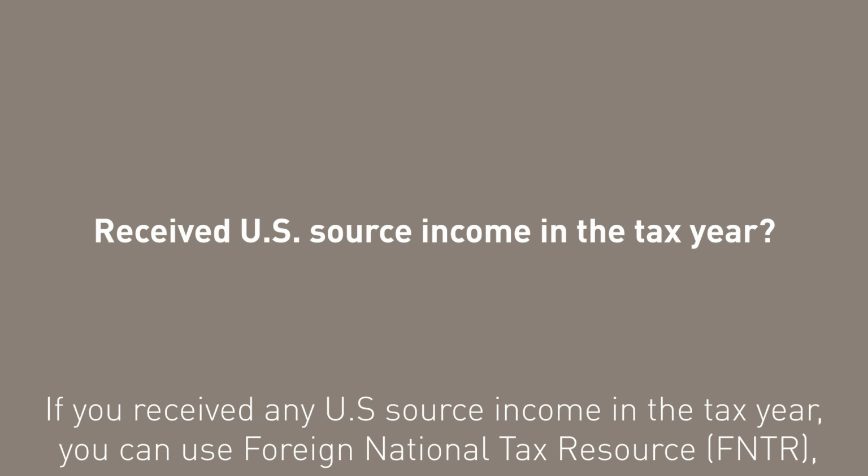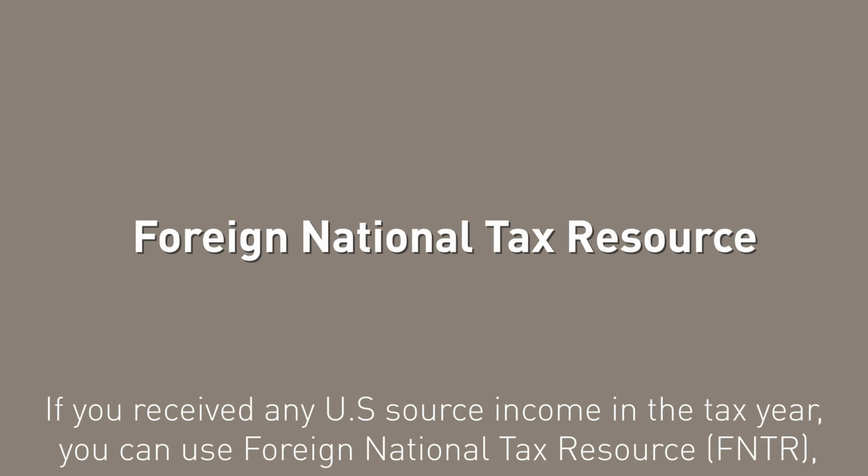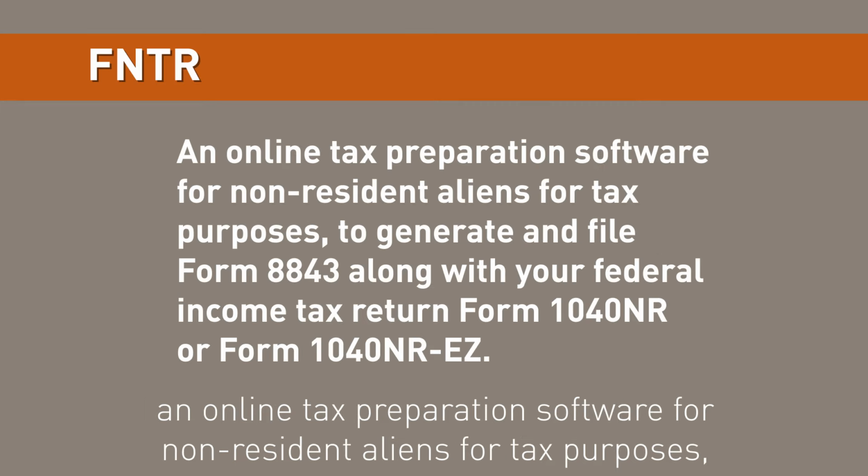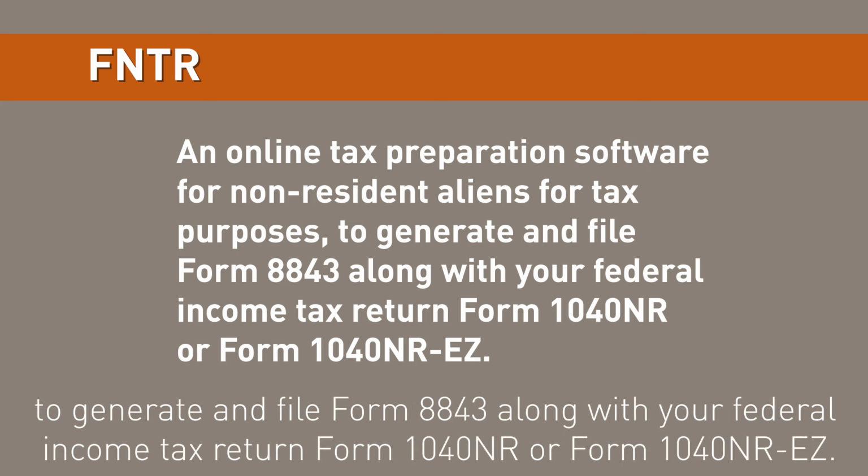If you received any U.S. source income in the tax year, you can use Foreign National Tax Resource, or FNTR, an online tax preparation software for non-resident aliens for tax purposes, to generate and file Form 8843 along with your federal income tax return Form 1040-NR or Form 1040-NREZ.